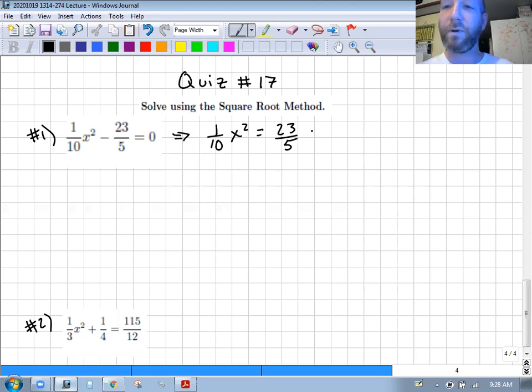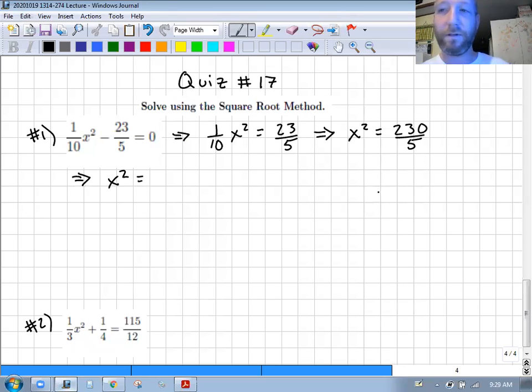Now if we multiply both sides by 10, we got x squared equals 230 over 5. So we can reduce this.